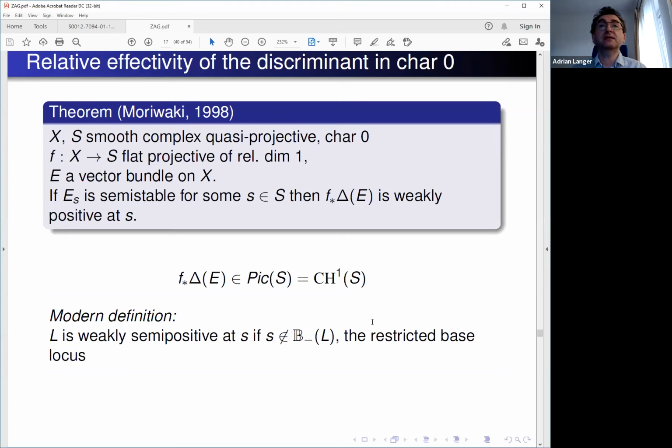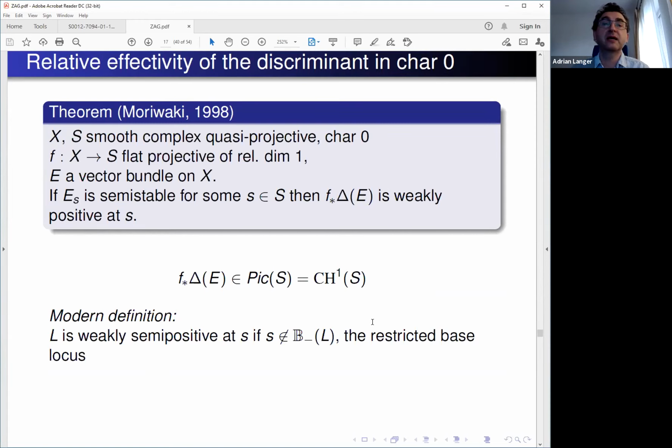We cannot see what happens with the discriminant so well in case of vector bundles, but if we take the push forward of the discriminant by a flat projective morphism of relative dimension 1, then from the codimension 2 cycle, we produce a codimension 1 cycle.